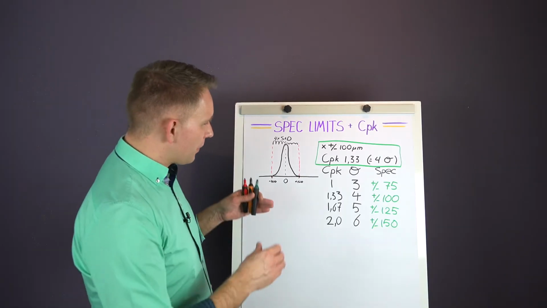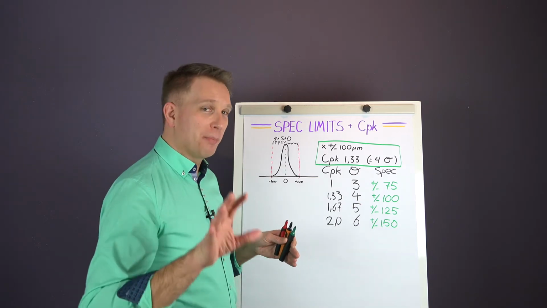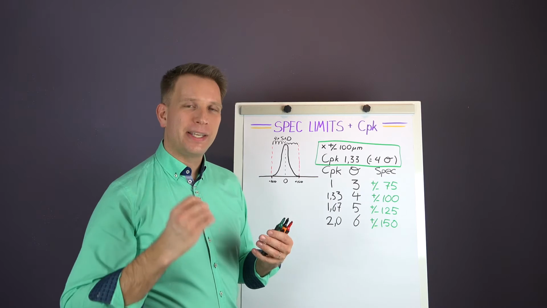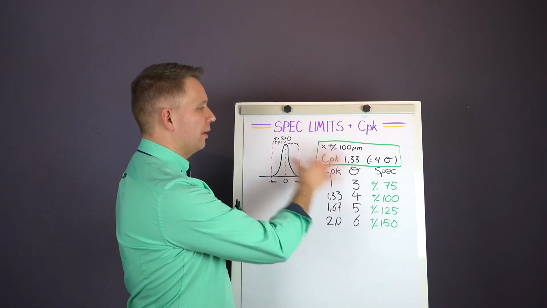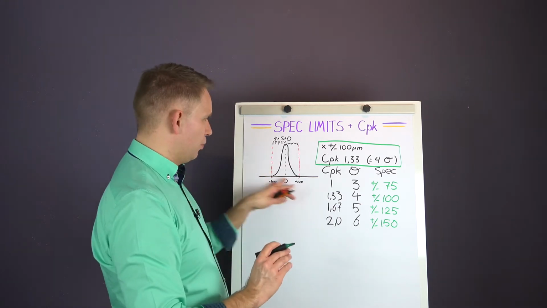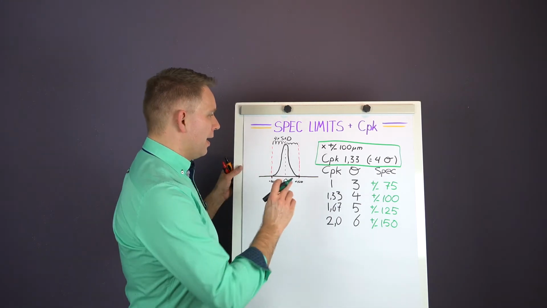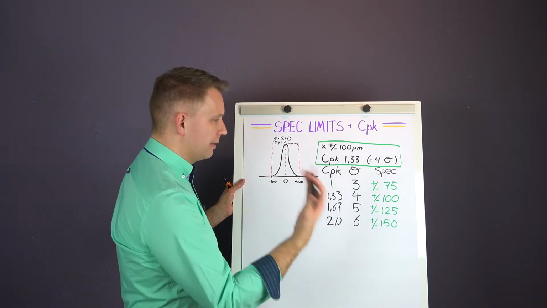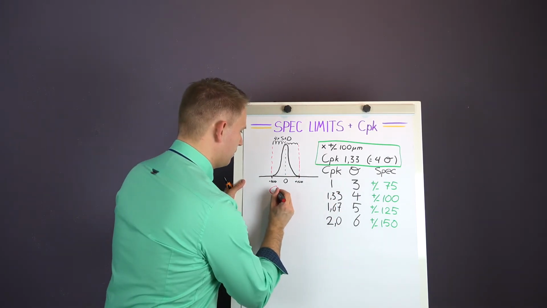Now, before we dive into whether this is really useful, let's dive in visually what this basically meant. And we'll only take the 6 sigma one here. With the red lines, we are on a CPK of 1.33.